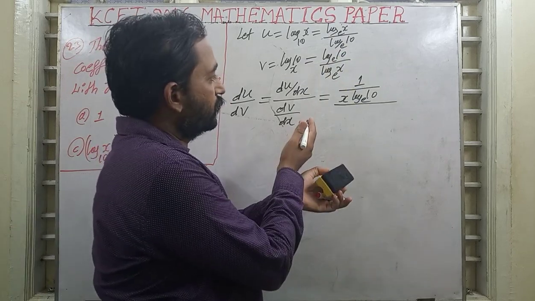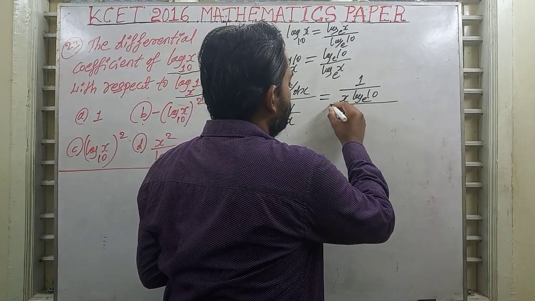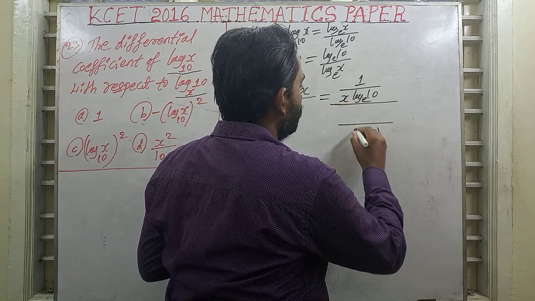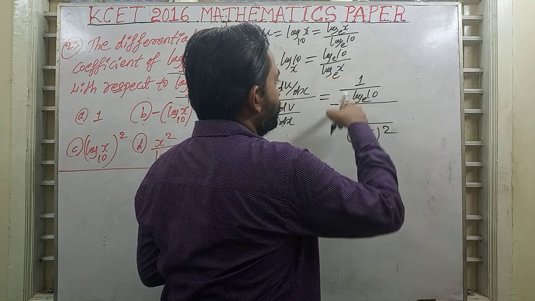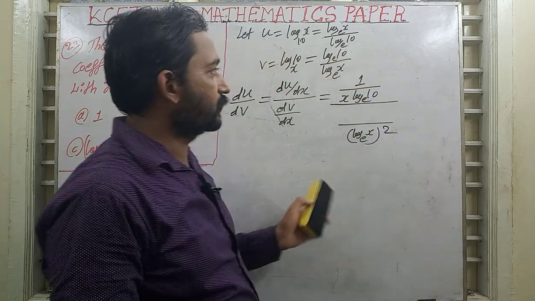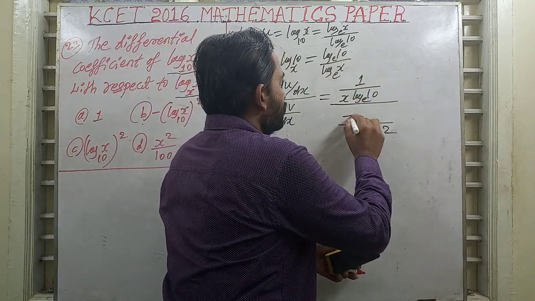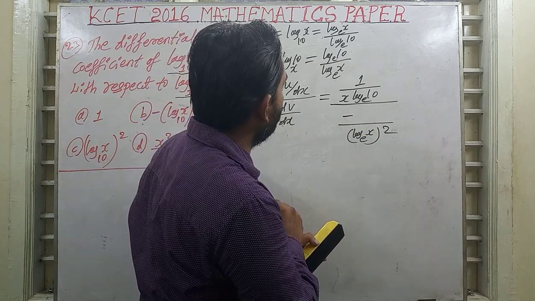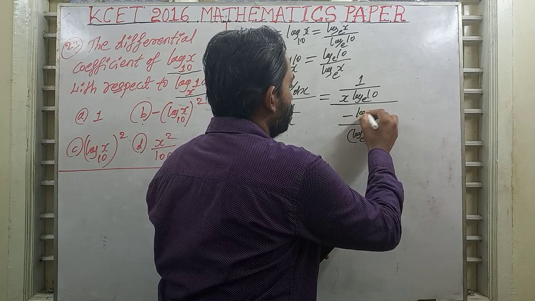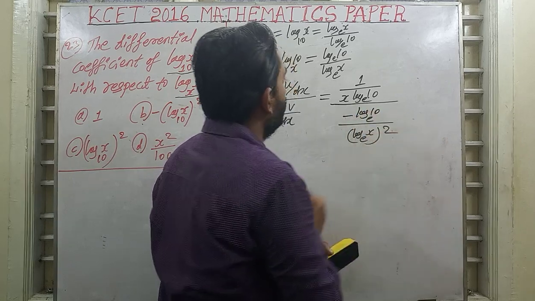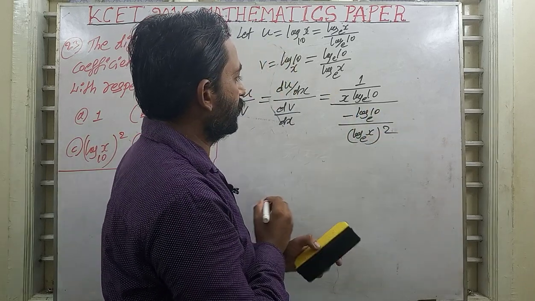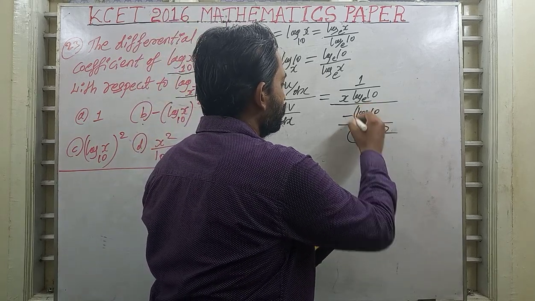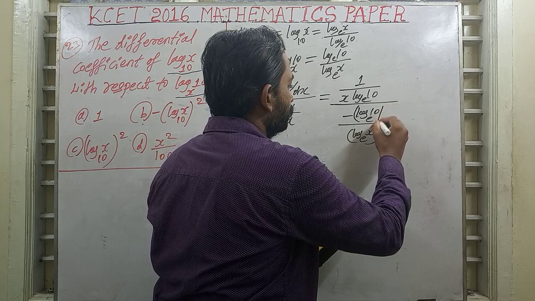So using the quotient rule, simplify this. So log x whole square base e whole square, log x taken as constant, differentiation of log 10 is 0, it becomes 0, minus, in this case log 10 taken as constant in the numerator and differentiate log x is 1 by x, log 10 by x, this is log 10 divided by x.